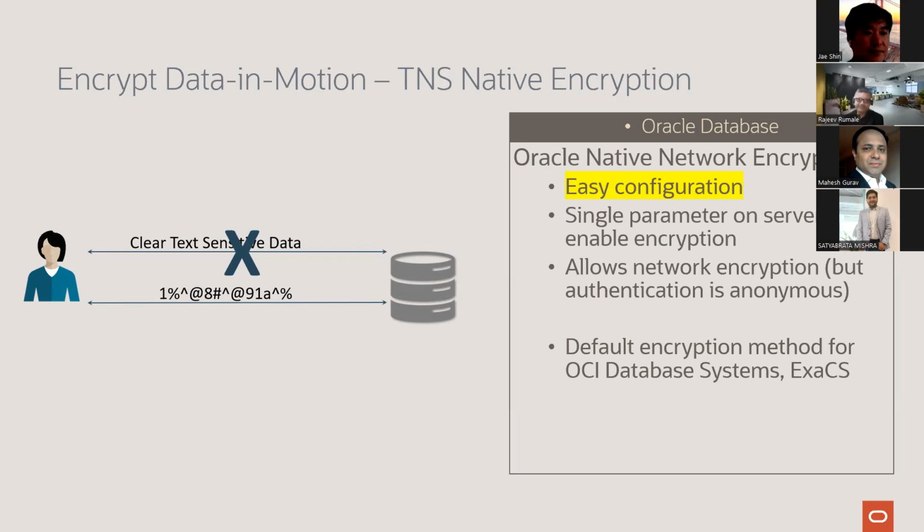So that is what happens. This is the default mechanism if you are using on-premise or the Base Database Service in the cloud, or even on ExaCS or ExaCC, right? So this is the default thing that we have.